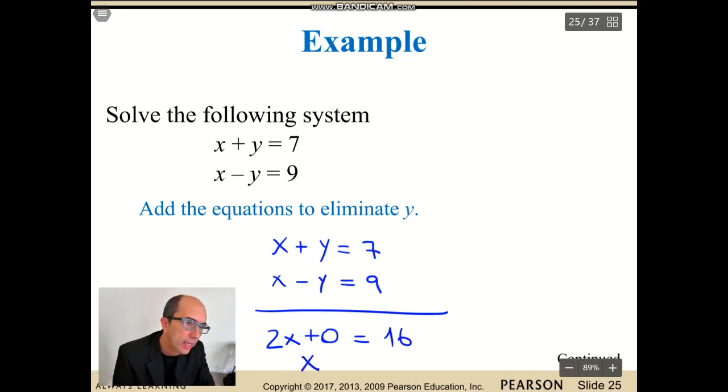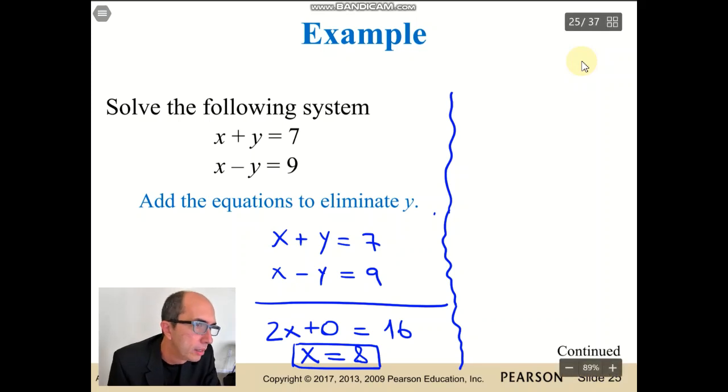That means x equals 16 divided by 2, 8, right? And let's keep working here on this side. We can still use elimination, or you can just plug in 8 into one of the equations and find y. Let's use elimination to exemplify.